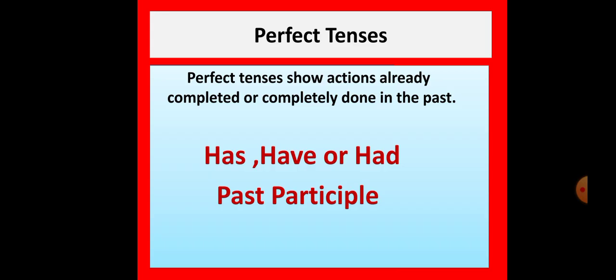For example, has finished, had forgotten, have done. There are three types of perfect tenses. One is present perfect, then past perfect and future perfect.